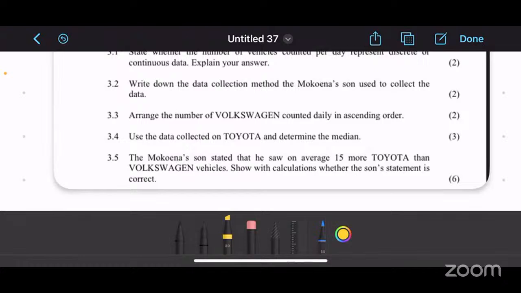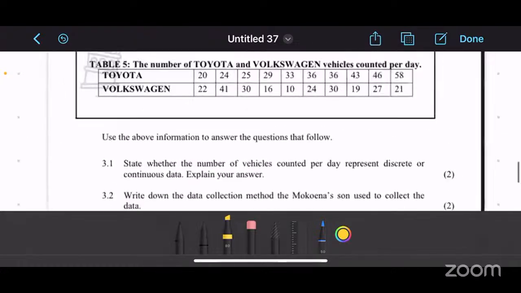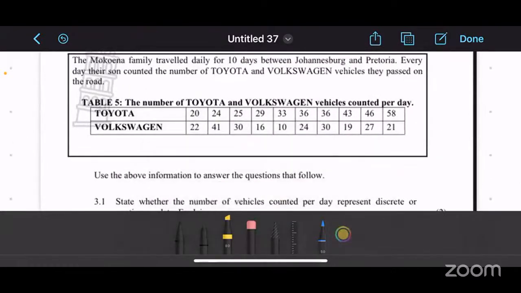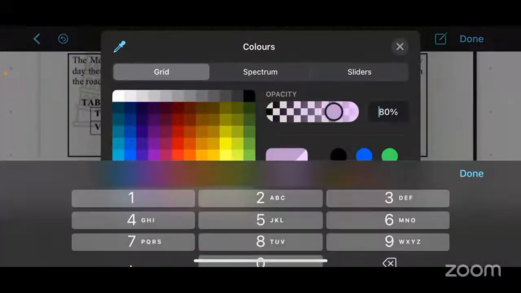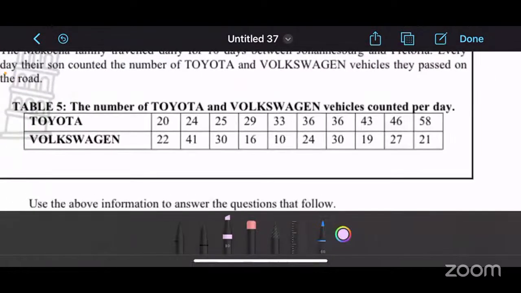And then they say use the data collected on Toyota and determine the median. So we're going to look at these numbers and provide the median.